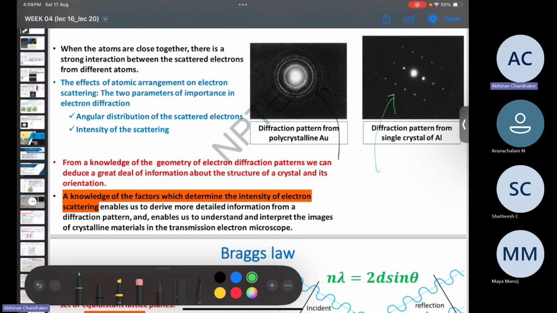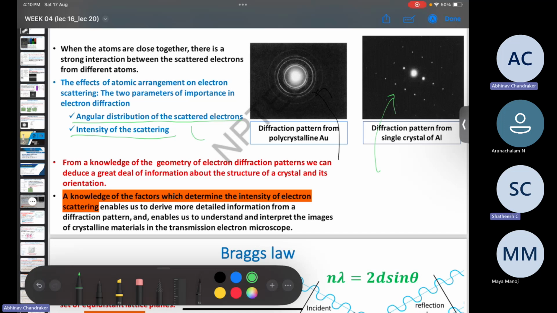And from this diffraction phenomenon, there can be two kinds of signals we can get. One is related to the angular distribution of the scattered electrons, and another is related to the intensity after the scattering, a change in intensity during scattering.